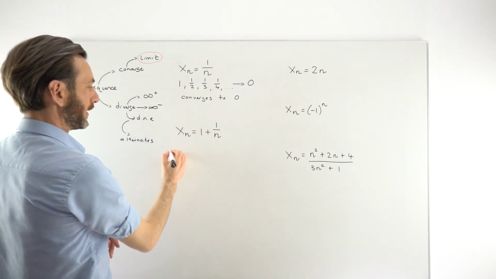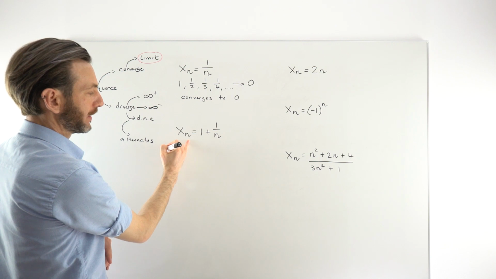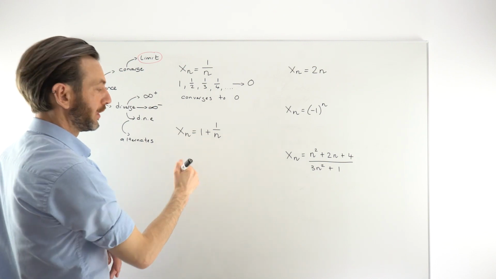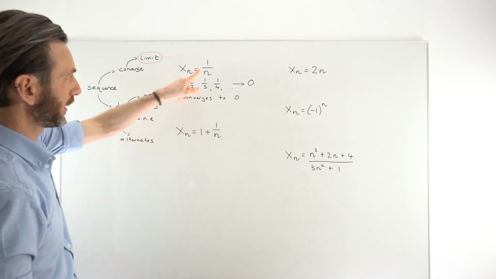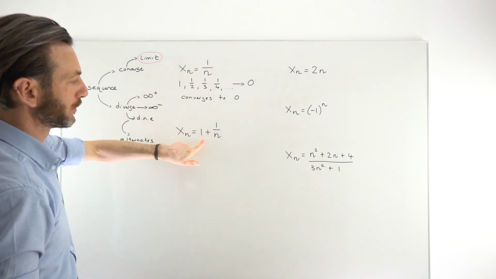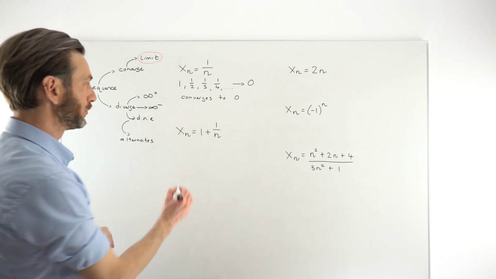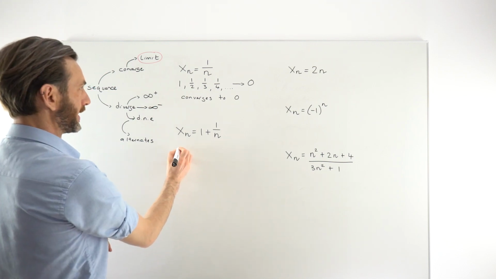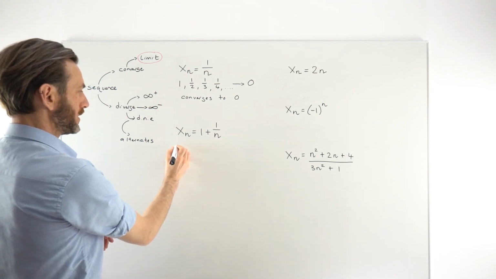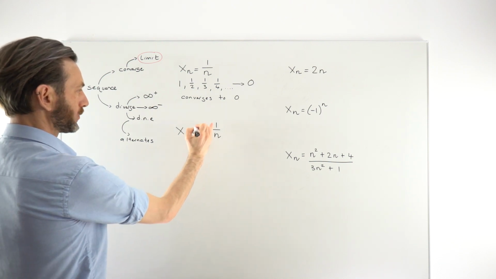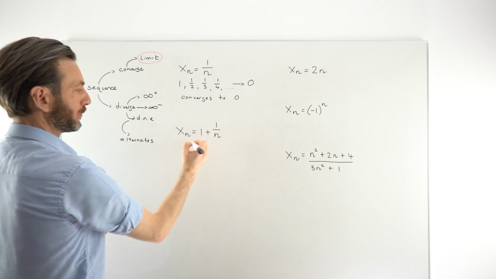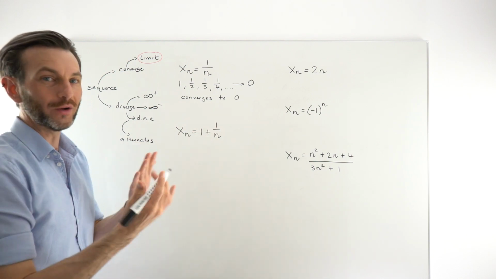So let's have a look at this one here. Again, plugging in the different placeholder values for n: n is 1, 2, 3, 4, etc. This time it's similar to 1 over n, but we've got a 1 in front. So it's 1 plus 1 over n. Here we're going to get 1 plus 1 over 1, which is 1 plus 1, which is 2.